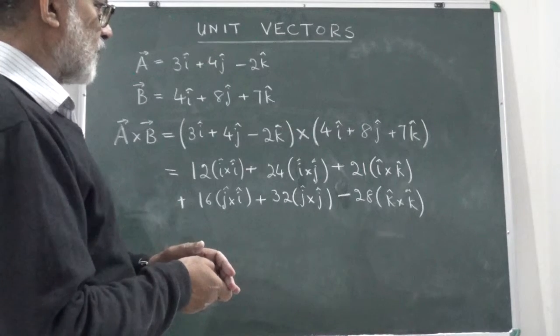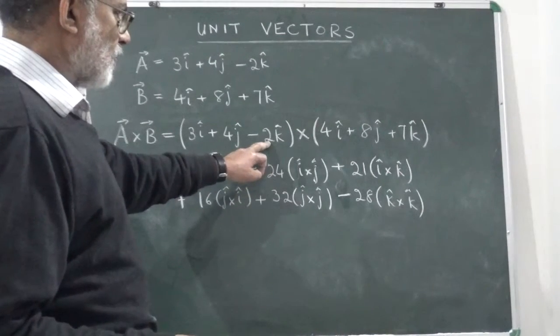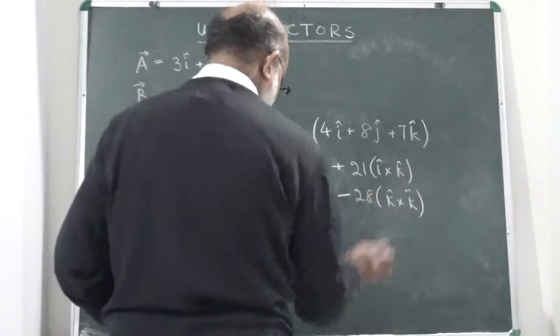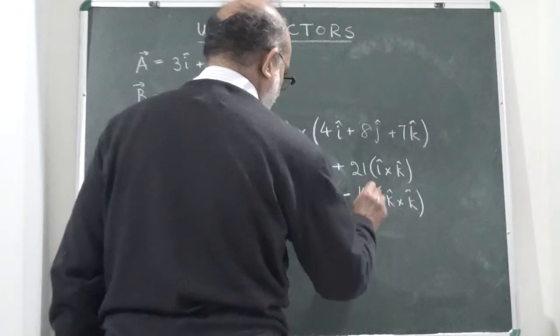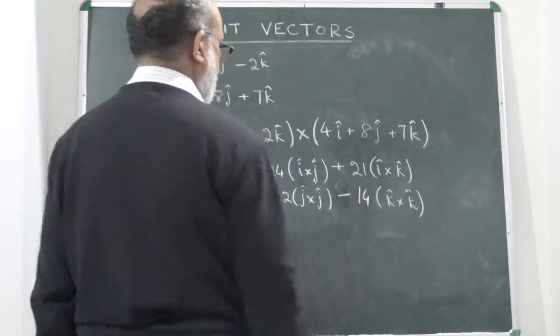No, it's not 28. This is 7 twos are 14. Okay, sorry.